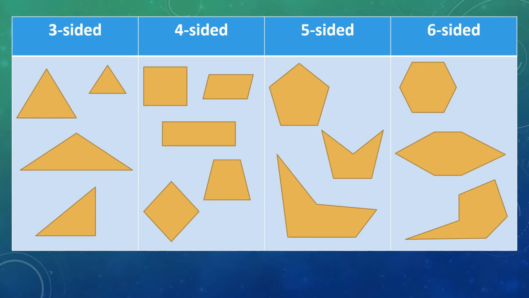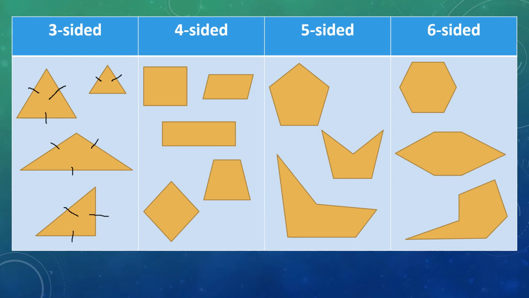Starting in the first category, we see three-sided shapes. So remember that we are going to use a straight line to help us count those sides. And yes, this first shape does have three sides, along with the rest of its friends in the category. All of these shapes have three sides.